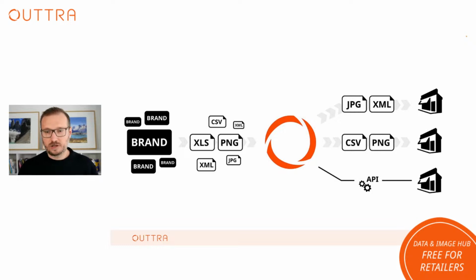And the third retailer wants it via API, the automatic way to get access to the product data, also possible, so they don't have to log in anywhere. The most important thing to know is that you as a brand control who has access to this data. You can give access to these special retailers. We won't give your data out to any retailer without you saying, yes, this is okay.